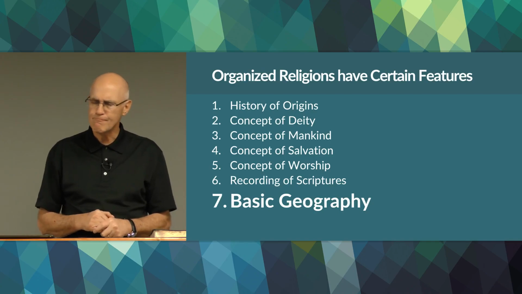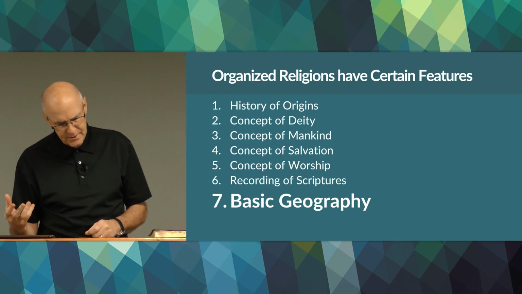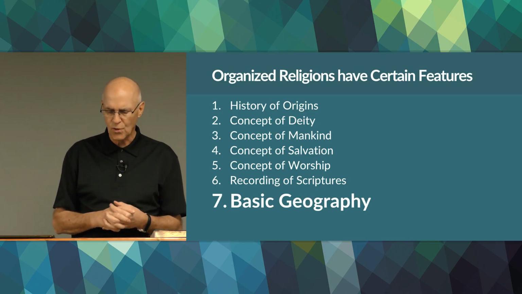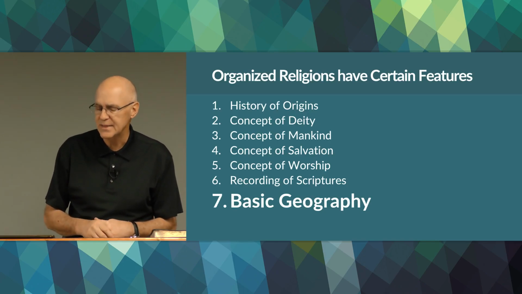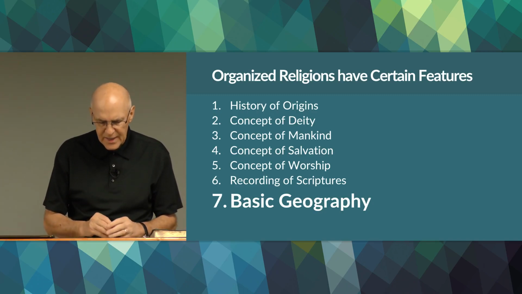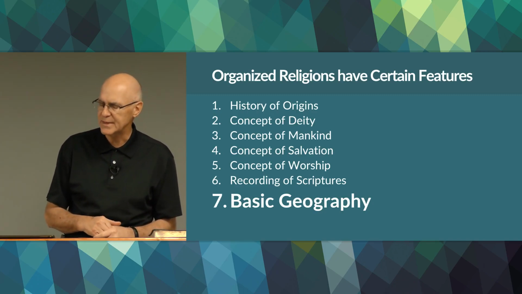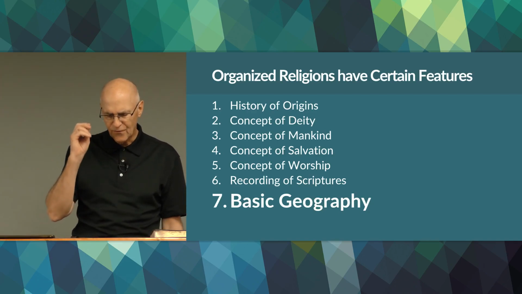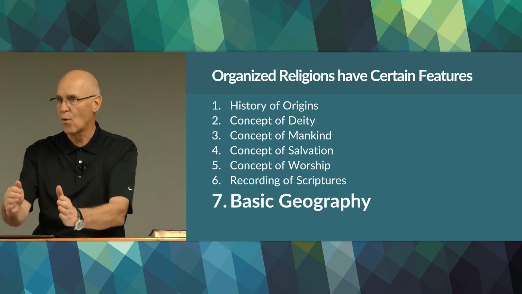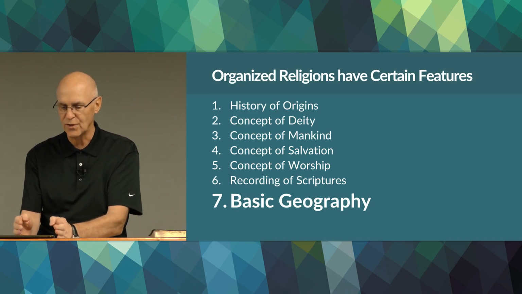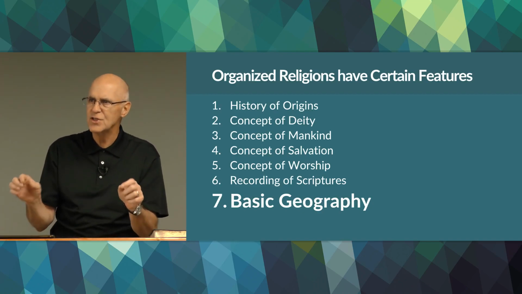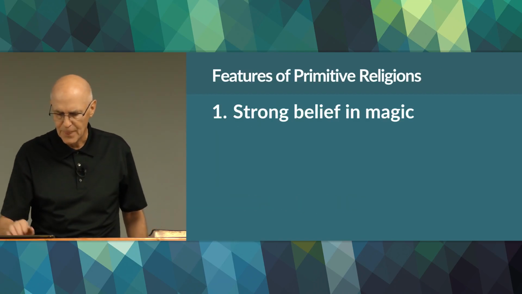However, they are religious ideas practiced by many people in the ancient world and even in today's society, but in very different and disorganized ways in different places. For example, certain features of primitive religions include, these are the features of organized religions that I've just shown you, history of origin, deity, all that stuff. So primitive religions also have certain features.